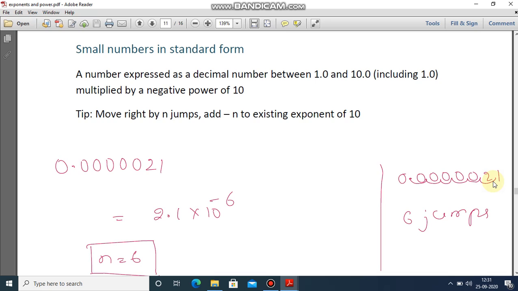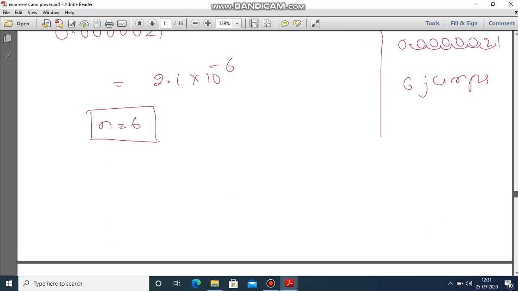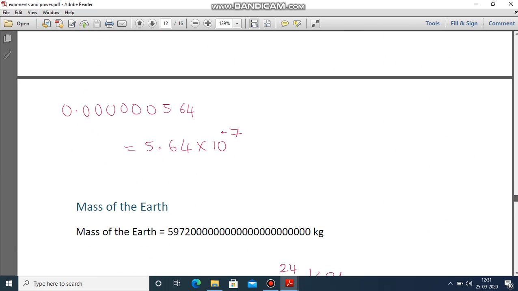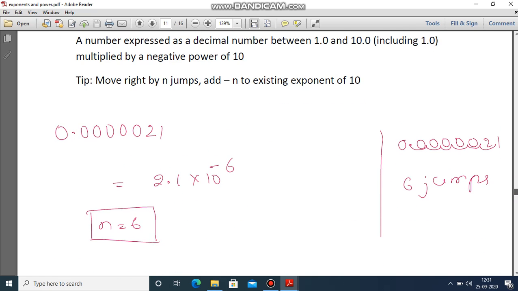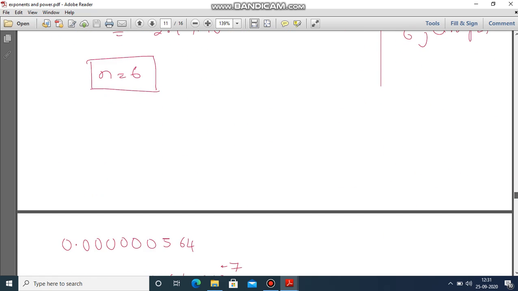So here 2.1 into 10 power minus 6. You have 6 jumps, and this is after the decimal point, so that would become minus 6. I can write it as 2.1 into 10 power minus 6. Here n is equal to 6, because we are considering n jumps.